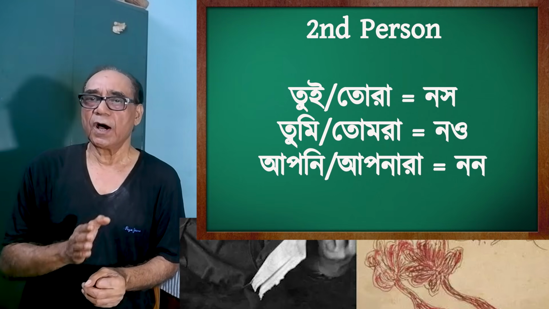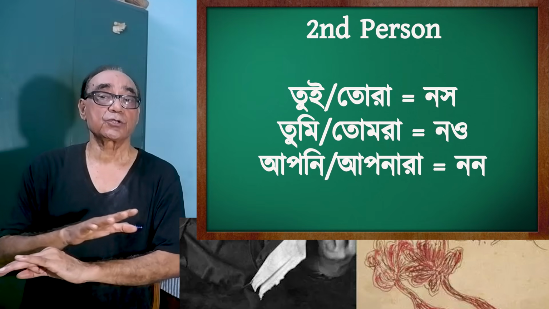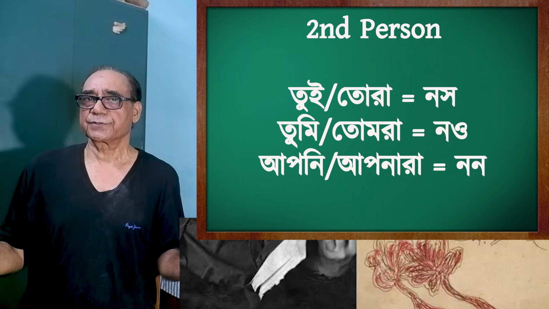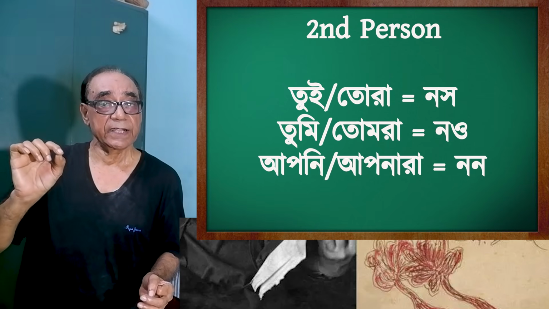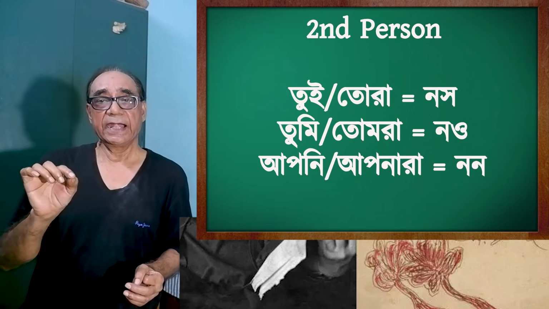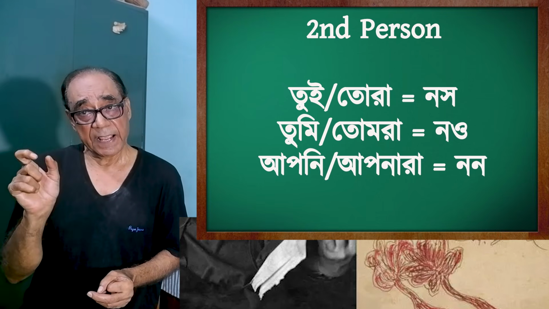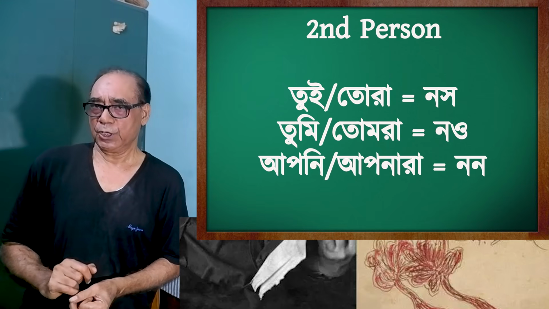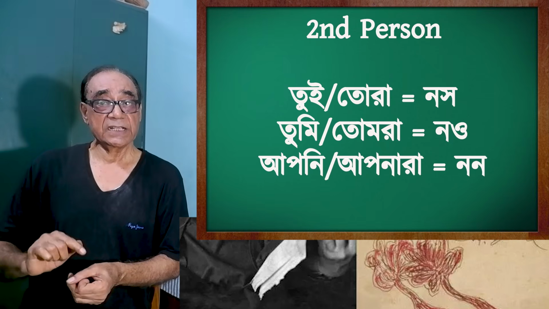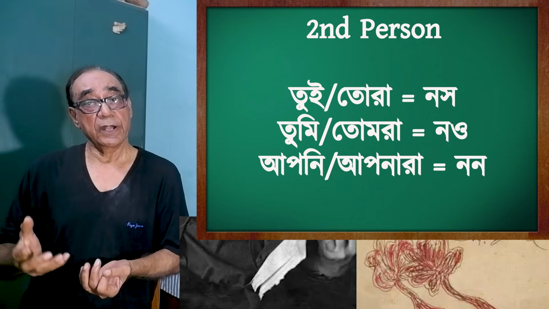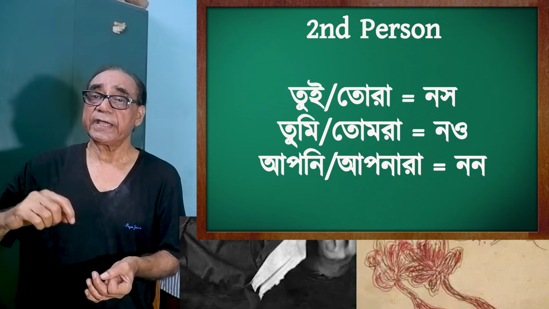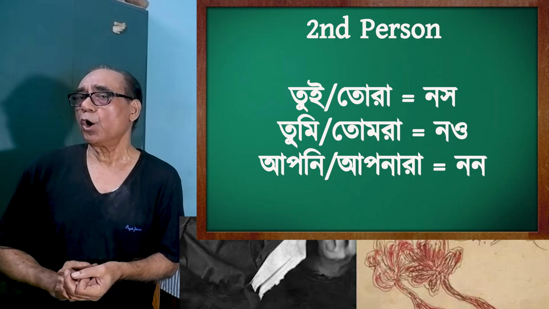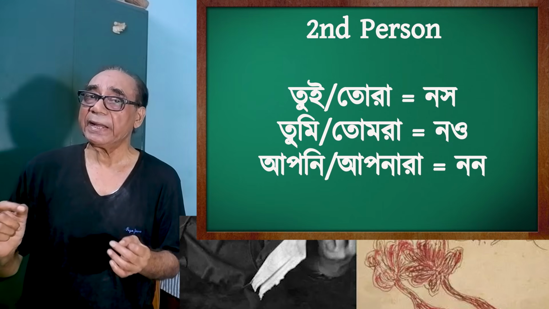That means you are not a student, you are not students, you are not a player, you are not players. Now come to tumi and tomra, you singular and you plural. Here the negative tag we use is no. Tumi chhatro no, you are not a student. Tomra chhatro no, you are not students. Tumi khelwad no, you are not a player. Tomra khelwad no, you are not players.